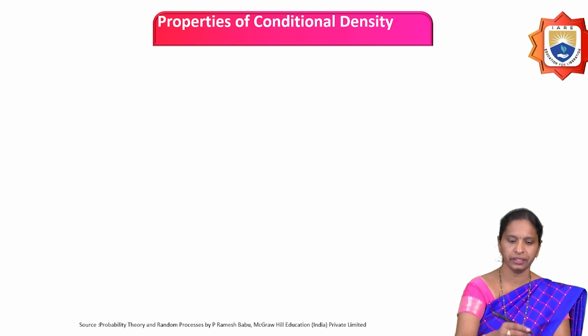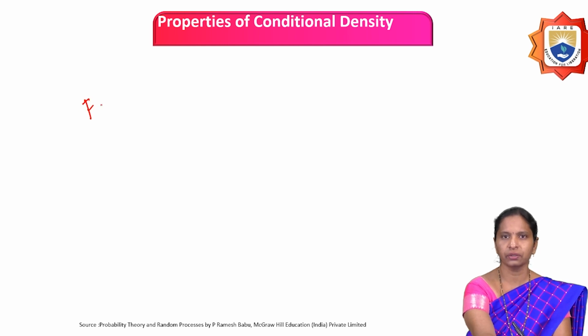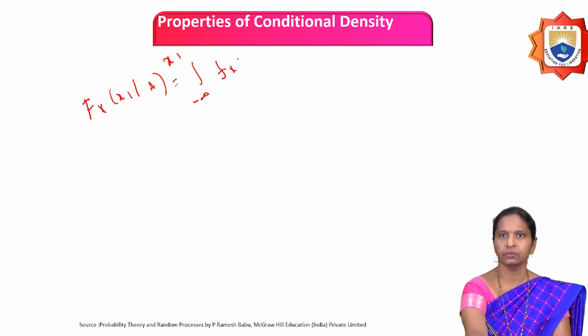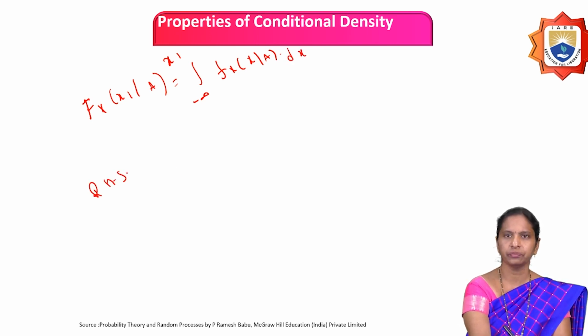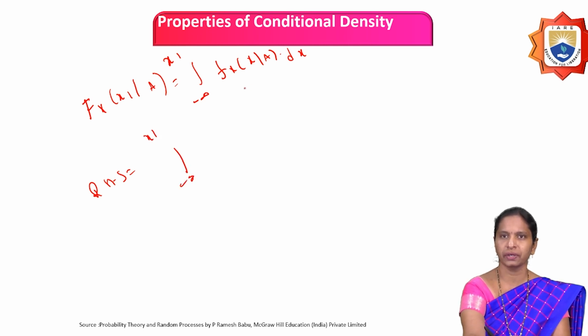And what is the next property here? The conditional distribution function we can write down in terms of the conditional density function as integration minus infinity to x1 f_X(x by a) dx. So then we'll take the RHS first. So integration minus infinity to x. How can you define the conditional density function? By differentiating the conditional distribution function, d F_X(x by a) by dx into dx.